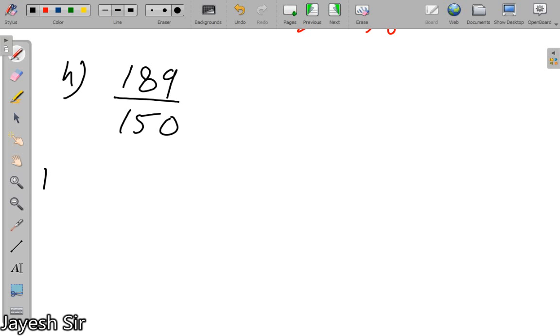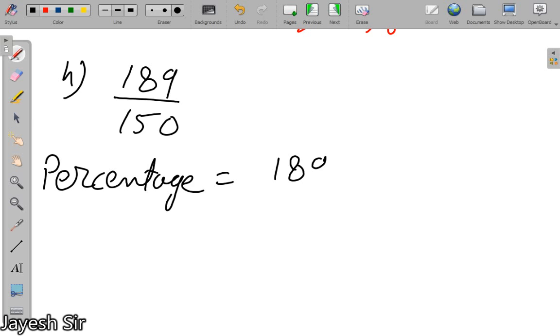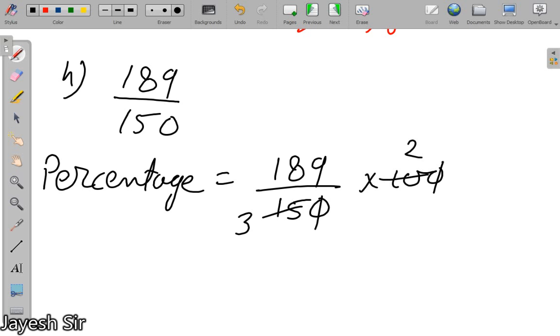So in order to convert it into percentage, we will follow the same procedure. 189 upon 150 into 100. 5 3s are 15, 5 2s are 10, and 3 9s are 27... so this is 126 percent.